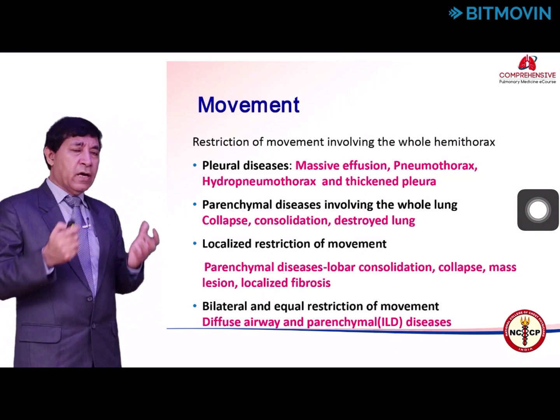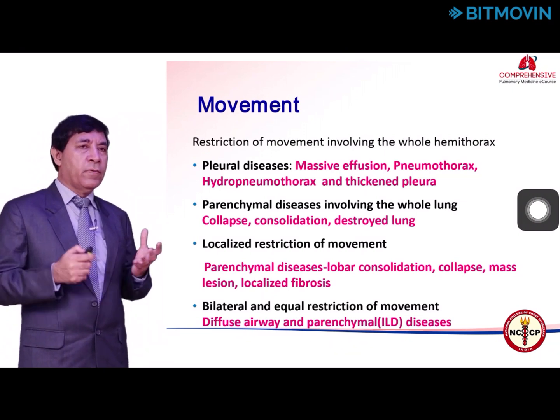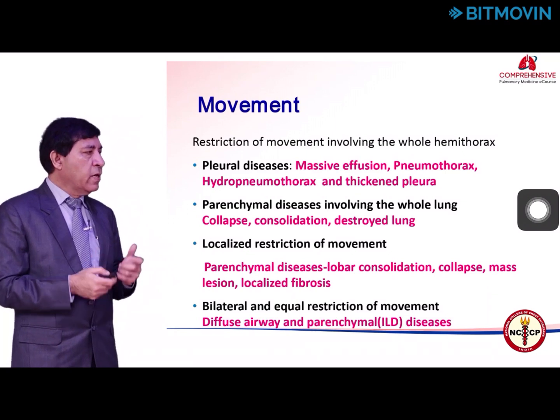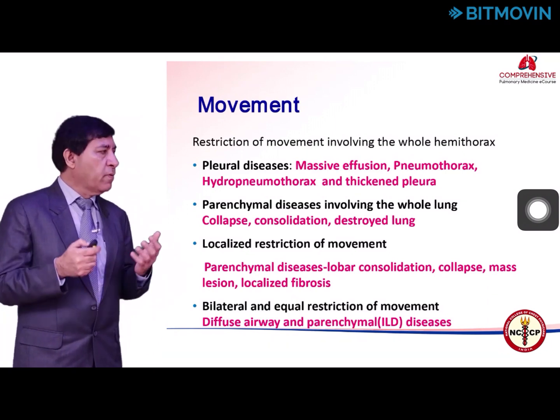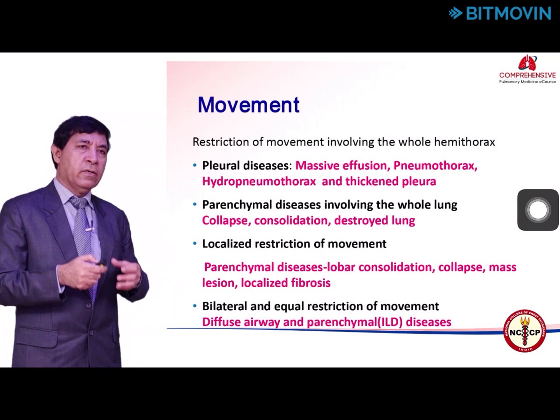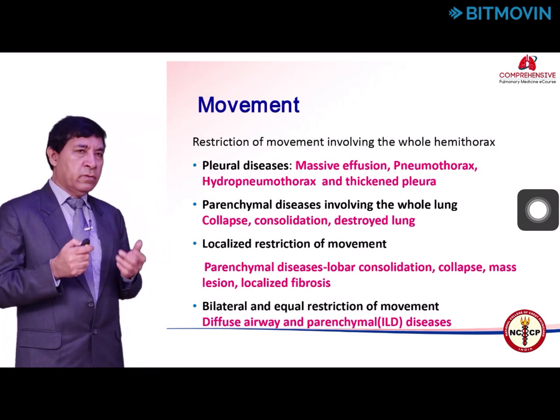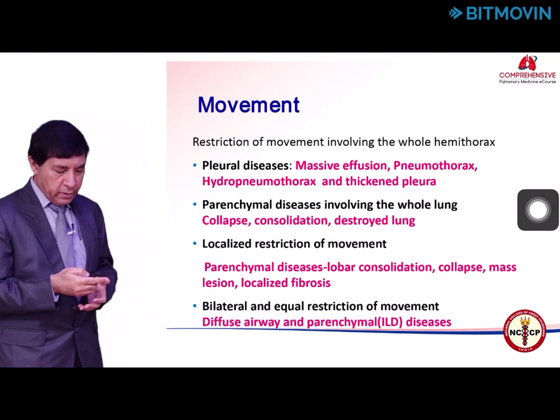So, if the movements are significantly reduced from this and they are symmetrical and equal on both sides, then this patient is either suffering from a diffuse airway disease like COPD, emphysema, or diffuse parenchymal pulmonary diseases.